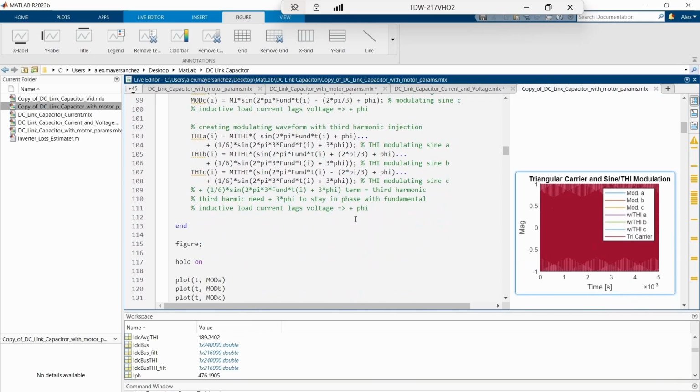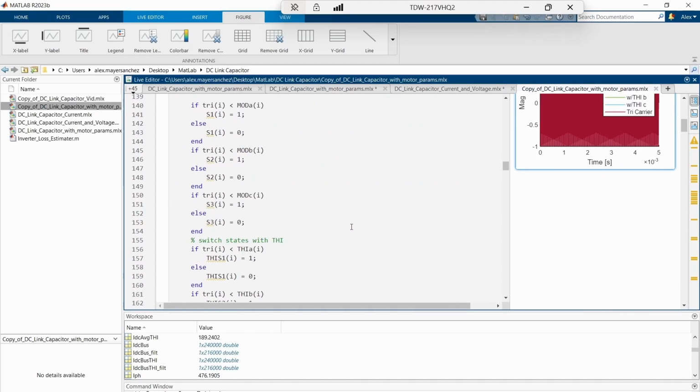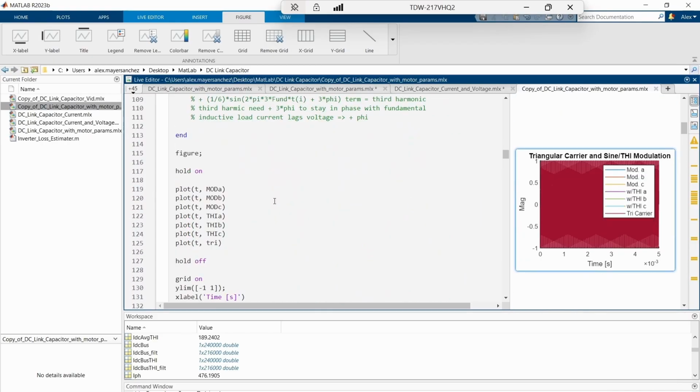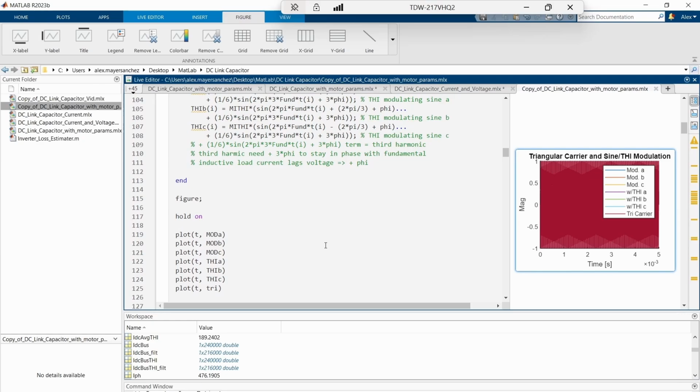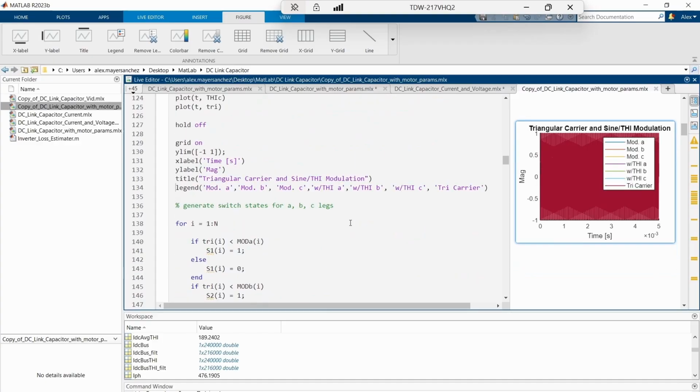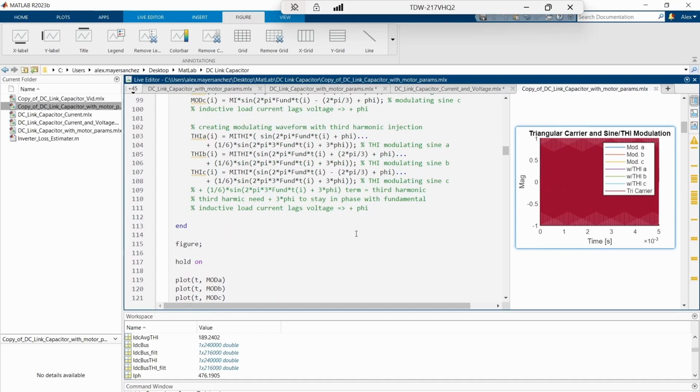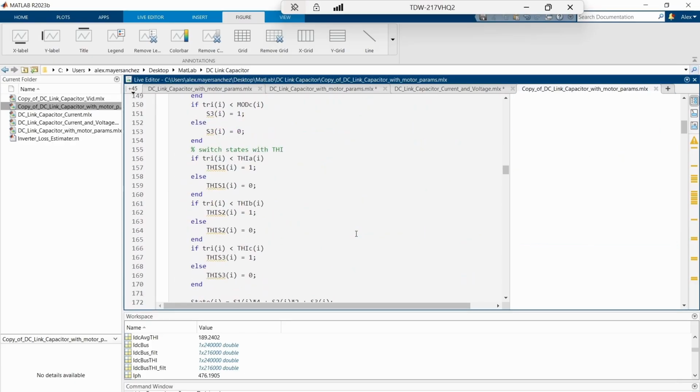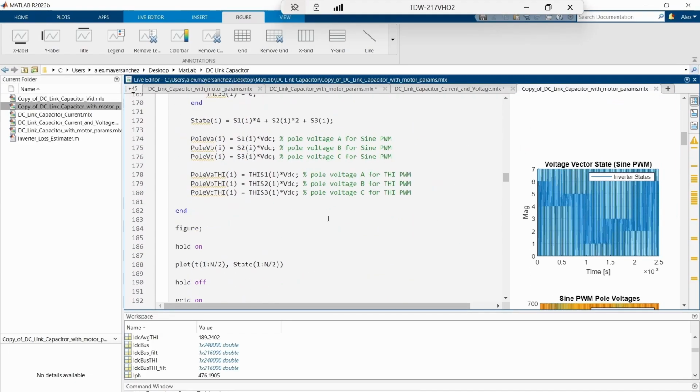And like I said, this trick allows you to increase your peak-to-peak pole voltage beyond what your DC link actually is, whereas with sine PWM you max out at the DC link. So yeah, we're getting the switch states.